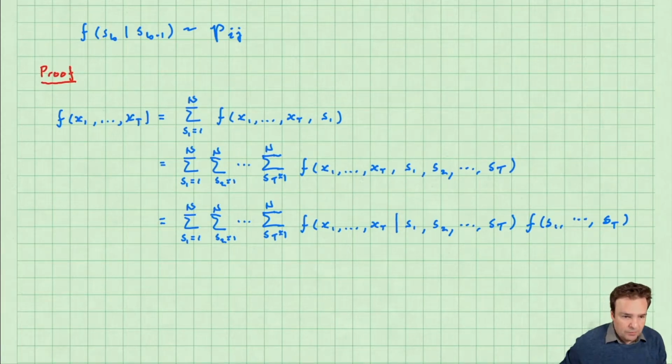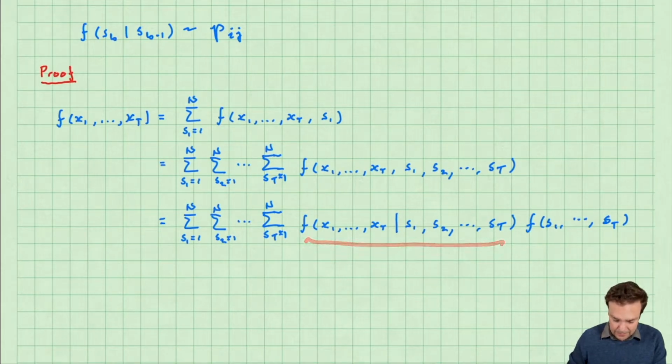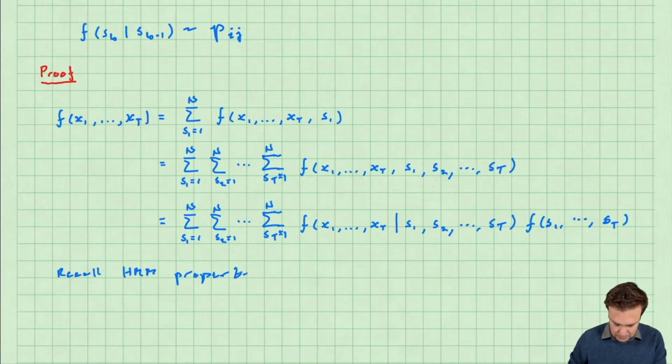Now we're going to focus on each of the different pieces here. So let's look at the first thing, this guy here. Recall, you may have to look back at the last lecture, one of the properties in the definition of hidden Markov models is that this joint distribution can be written as a product of a bunch of simpler joint densities or probabilities.